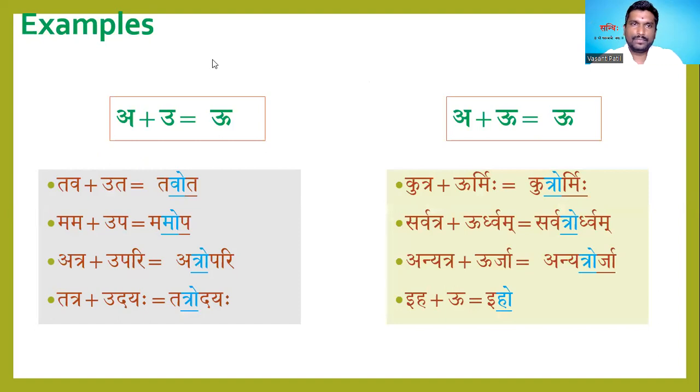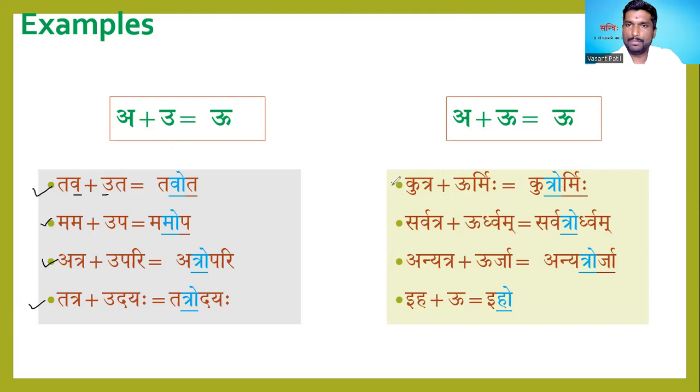Tava plus uta, so here a is there and u is there. Sandhi will happen. Tavota, not tavotah. And mama plus upa, mamopa. A plus u will become o. Atra plus upari, atropari. Tatra plus udayah, tatrodayah.